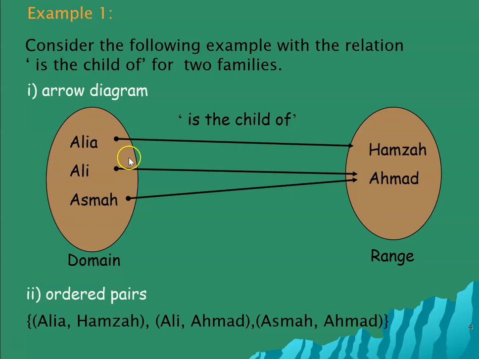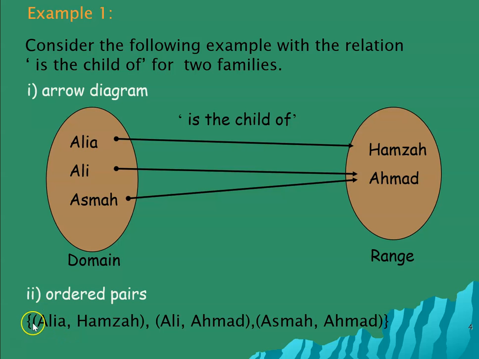Actually, domain is what we call input. Whatever is the input, we know it as a domain. And the output will be the range. Hasil dia adalah range. And then we can also represent the relation using order pairs. Order pairs, we write it down using set notation.